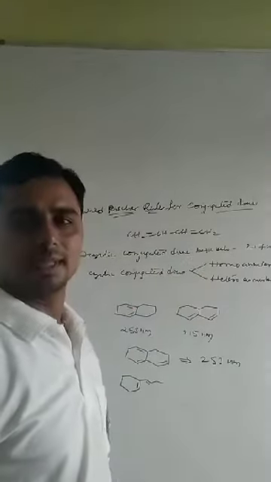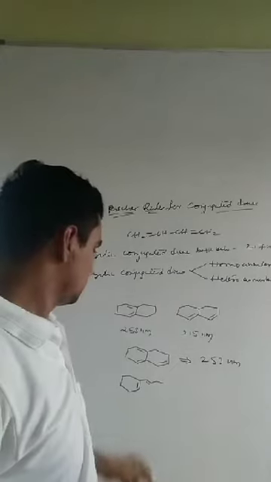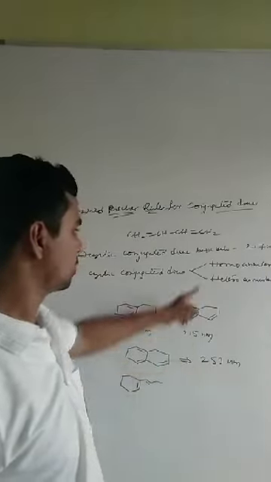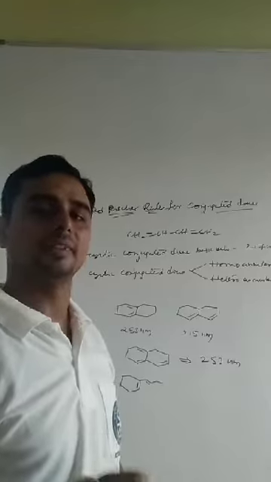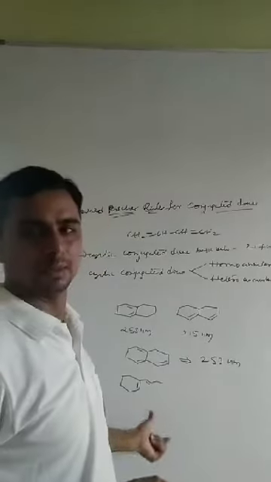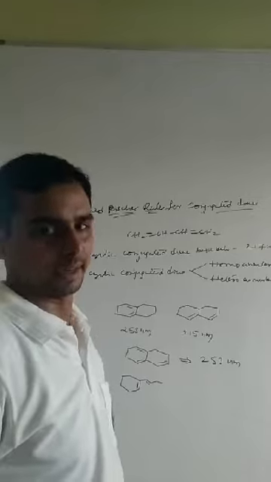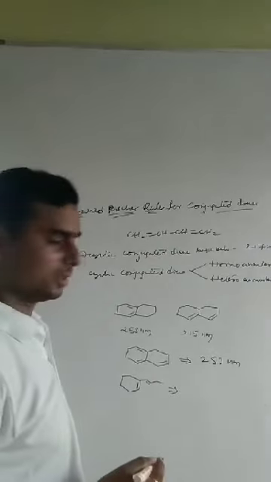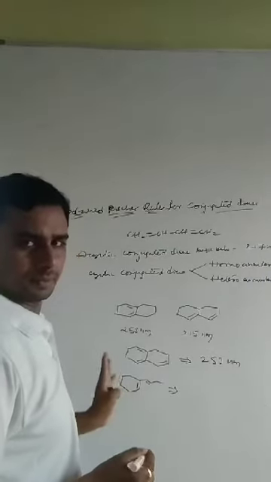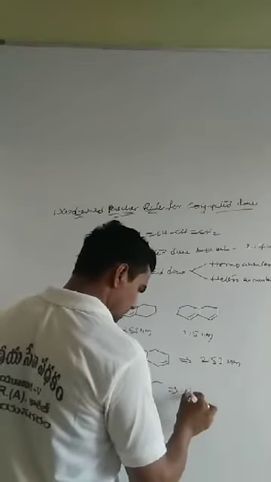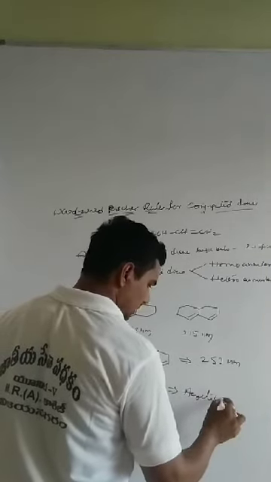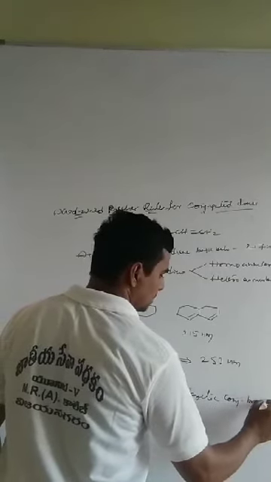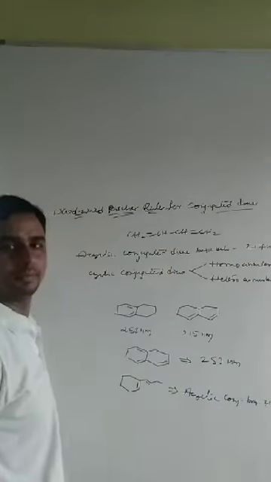Homoannular means the two double bonds are present in the same ring. Here one double bond is inner, one is outer. Heteroannular means the two double bonds are present in different rings. Here only one ring is present, not another ring. So both definitions are not possible for this molecule, and we confirm it is a cyclic conjugated diene. Then the basic value is 217.